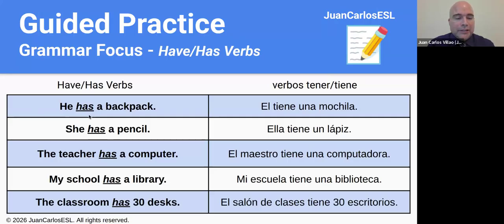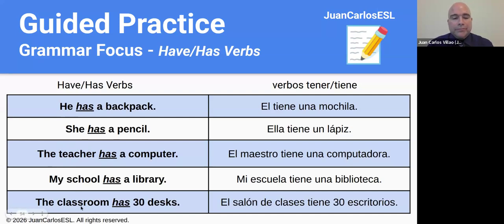So here we're using the verb has. And notice that each subject in these 5 sentences is third person and singular. En cada oración, el sujeto es tercera persona y singular. He, she, the teacher, my school, the classroom.